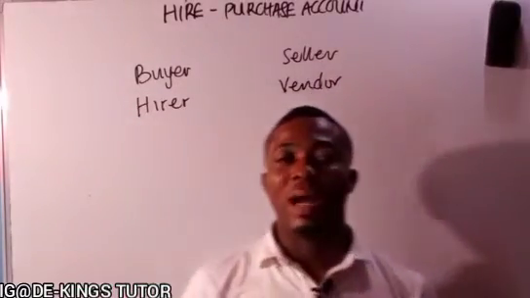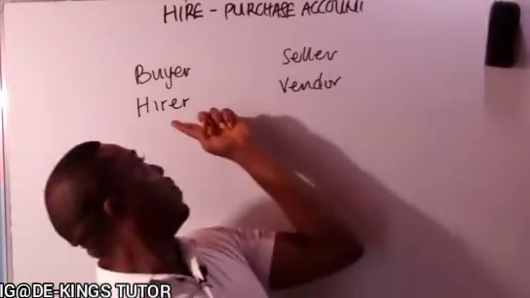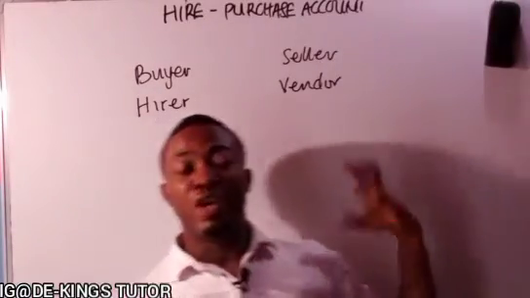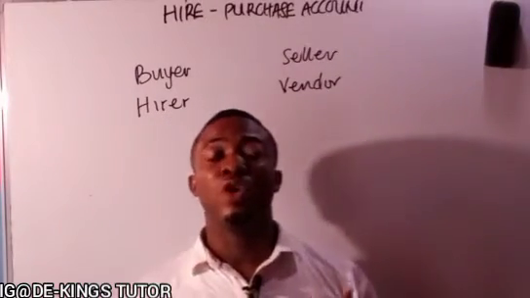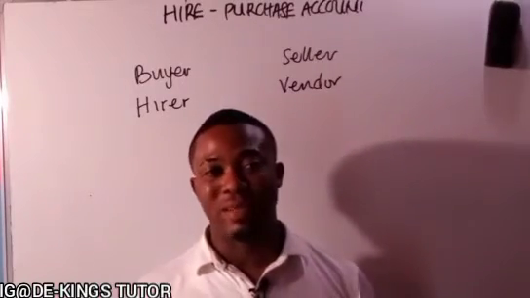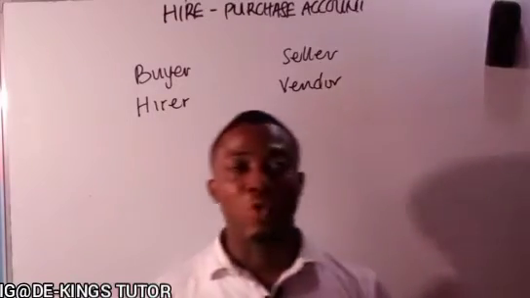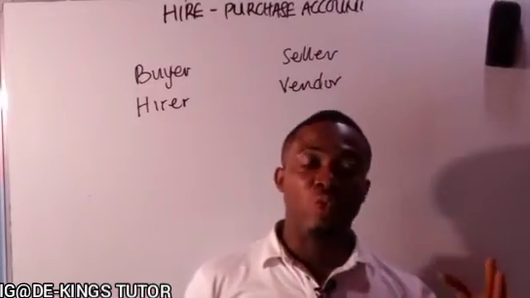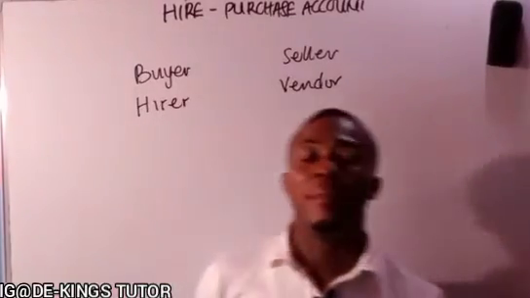So the hire purchase contract is a contract between a hirer and a vendor, in which the hirer, or the buyer, is allowed to take possession of and use an asset, but ownership still remains with the seller until the last installment is made.